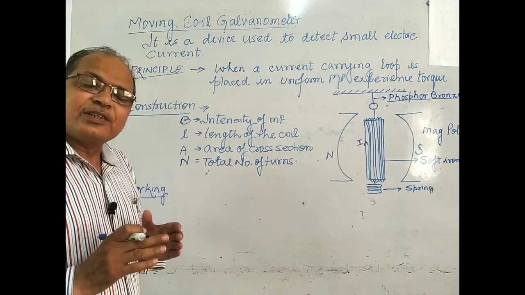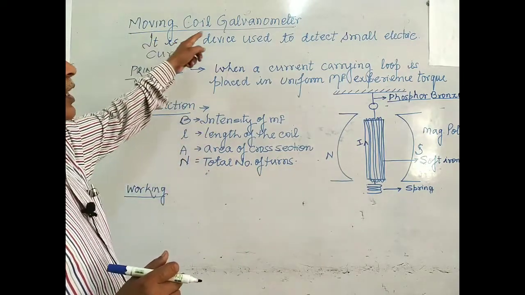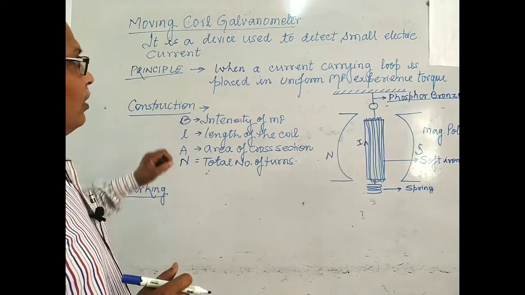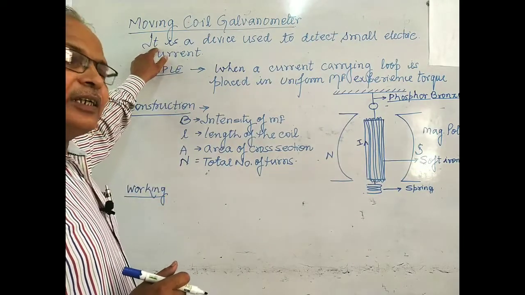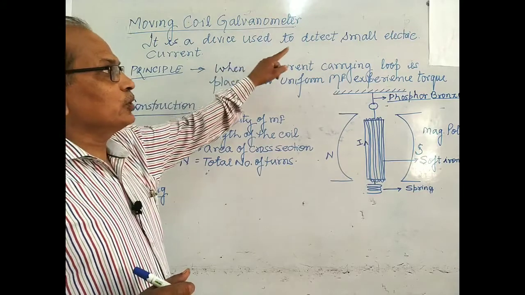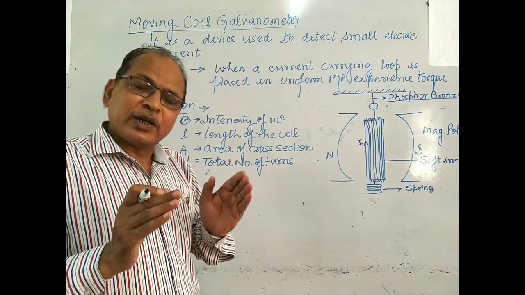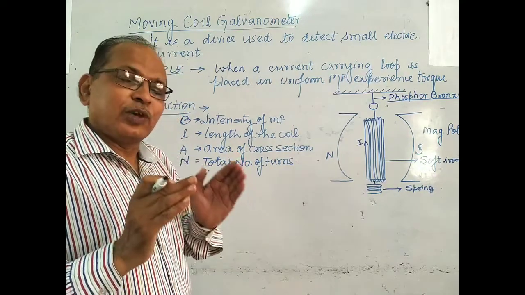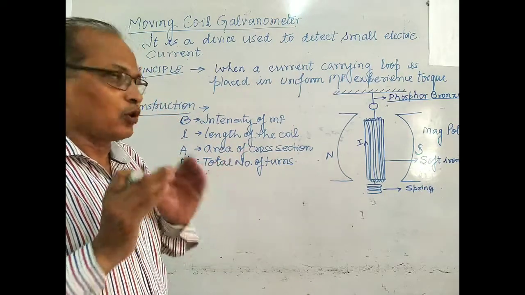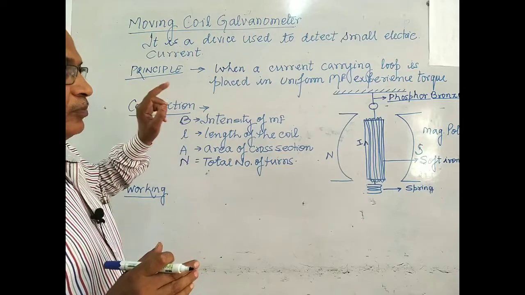Here we will study about moving coil galvanometer. Basically, it is a device used to detect small current. It can detect small current. Principle. On what principle?